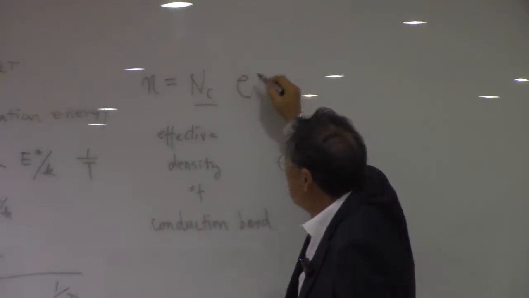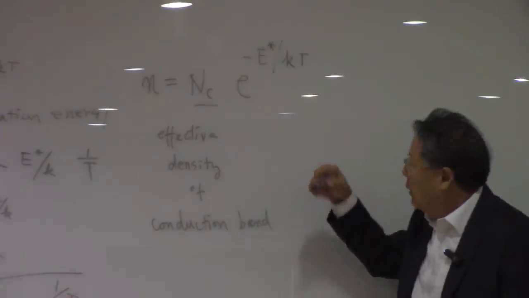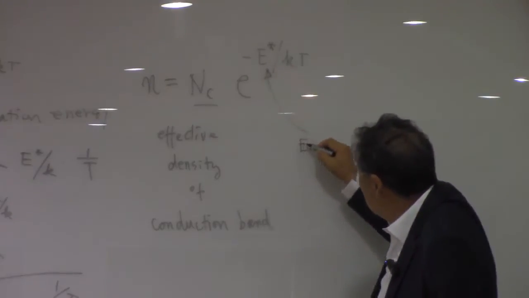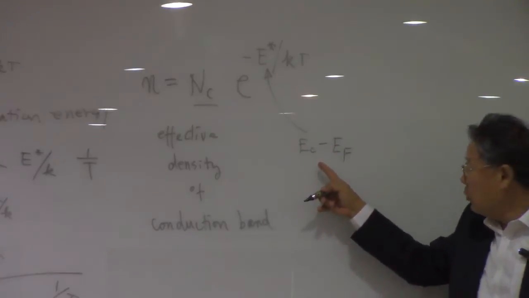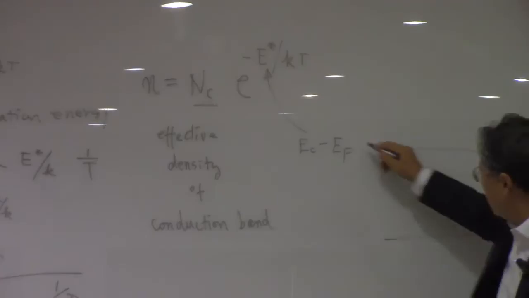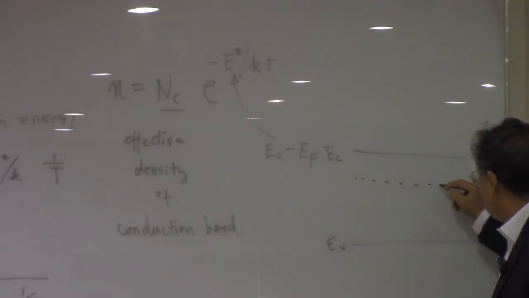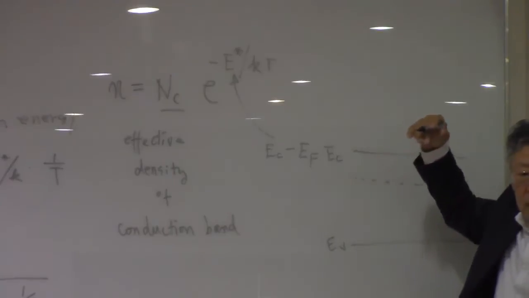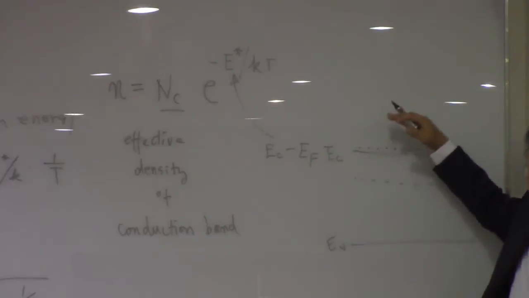And then we just use the Boltzmann statistics, and here the activation energy is the energy corresponding to the gap between the conduction band and the Fermi energy. So if you have the conduction band, the valence band, and the Fermi energy of this system, then the electrons which contribute to the conductivity of the materials are the electrons sitting above the conduction band edge.